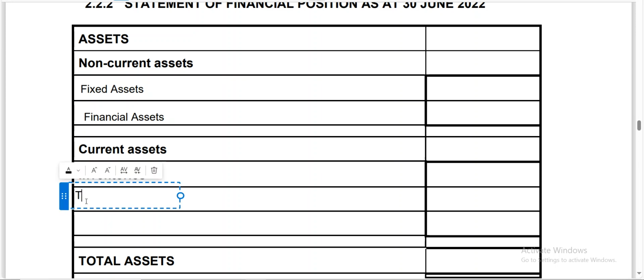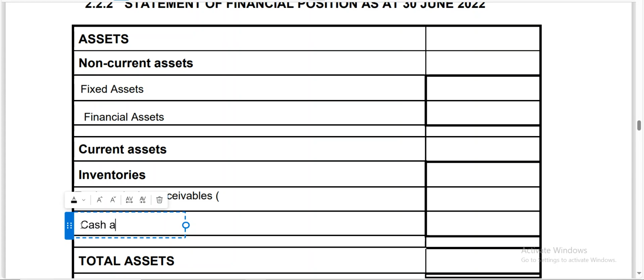So I'm going to write it here: trade and other receivables. And then I'm going to open my bracket so that I can include the calculations.